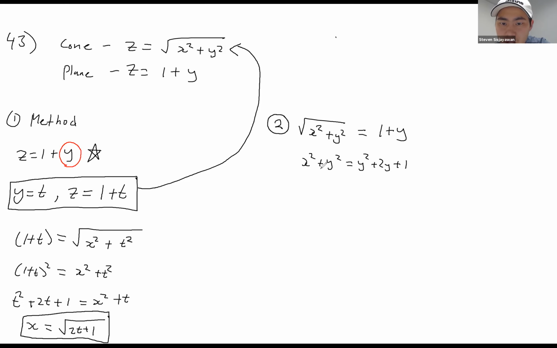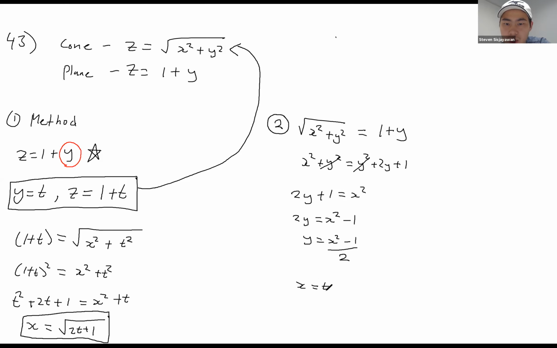So from this, the y squares cancel out, and you're left with 2y plus 1 is equal to x squared. I'm going to single out for y in this case. You can single out for x, feel free to do so. But I basically get y is equal to x squared minus 1 over 2, right? So again, I can use the same exact thing I used over here.